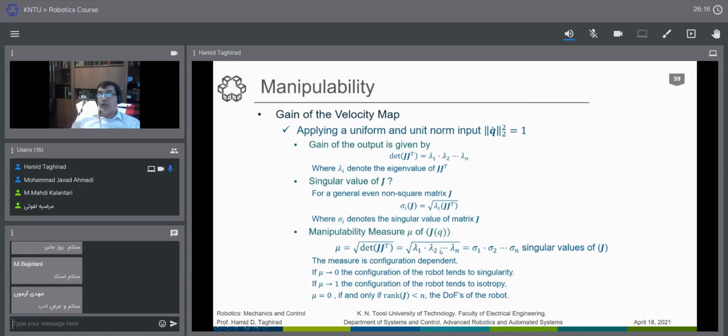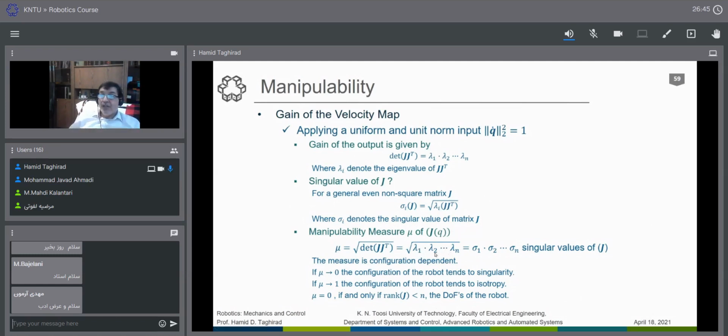These two are actually the same, and this gives us a proposition or a property of the design of the manipulator. If mu goes to 0, if this particular measure goes to 0, this means that at least one of the lambdas is becoming 0, and we are going to some singular configuration.